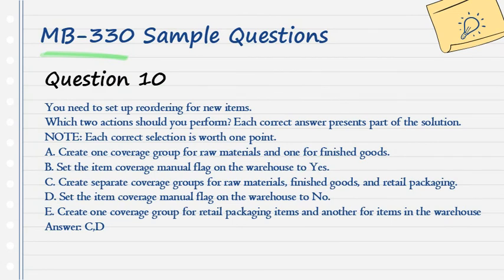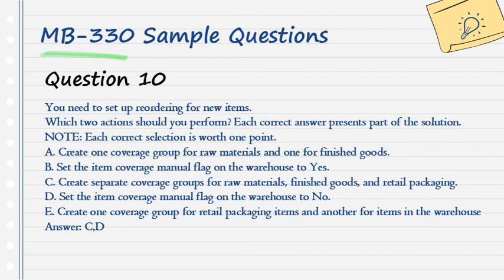Question 10. You need to set up reordering for new items. Which two actions should you perform? Each correct answer presents part of the solution. Note: each correct selection is worth 1 point. A. Create one coverage group for raw materials and one for finished goods.